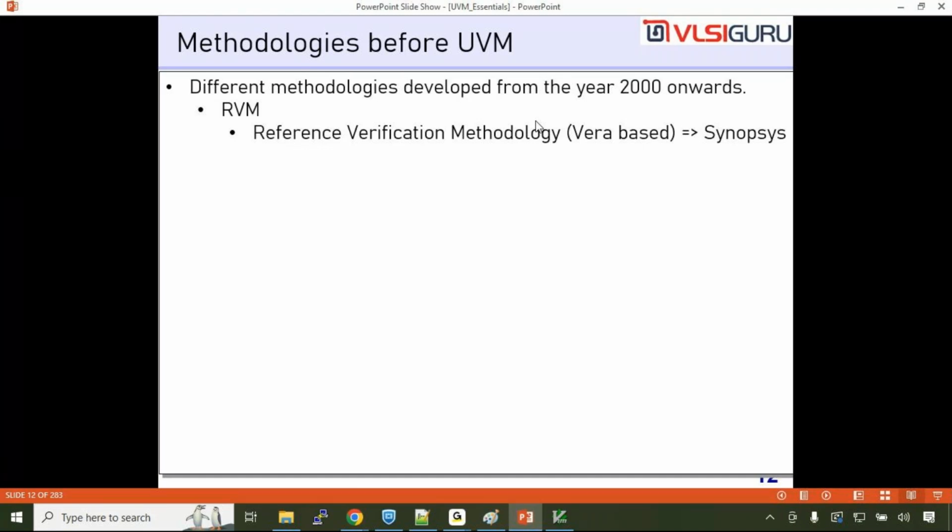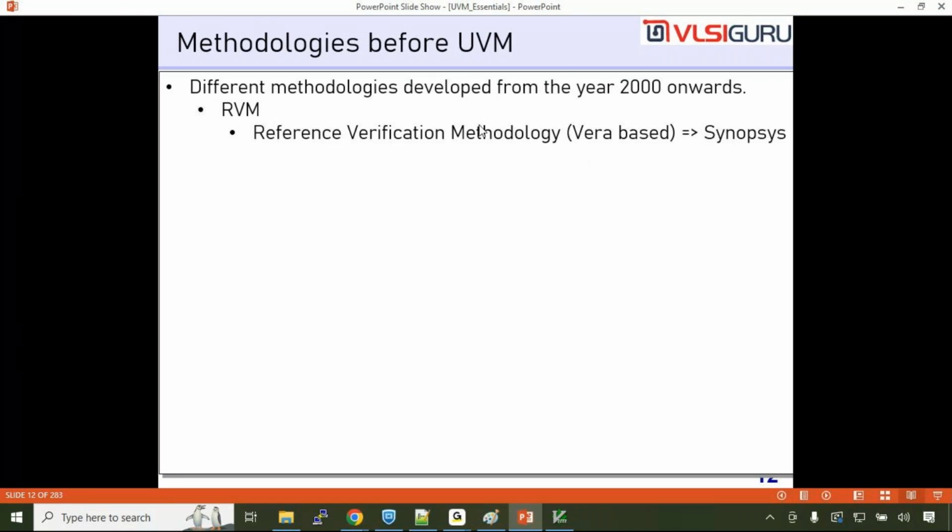What were the methodologies before that? There was a methodology called RVM, which is Reference Verification Methodology. Every methodology is based on one language. Methodology is not independent. It has to be based on some language because language is the base on which you develop the right way.